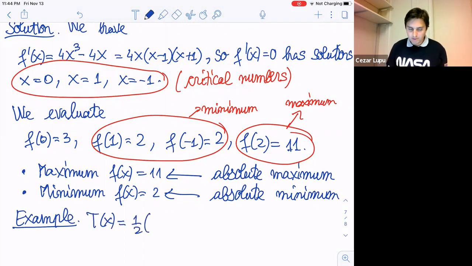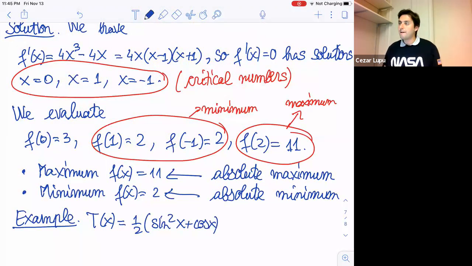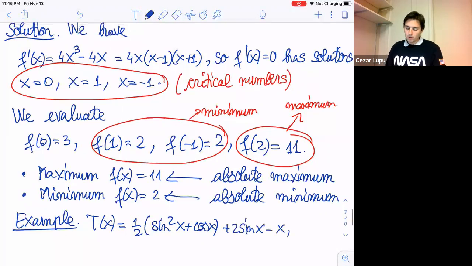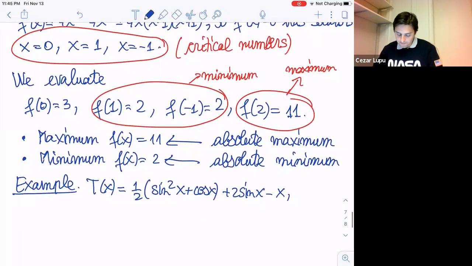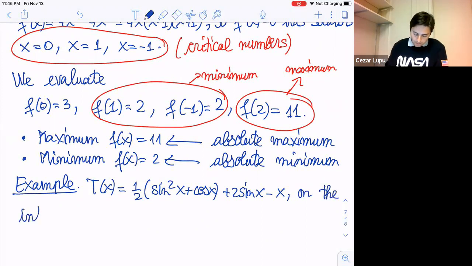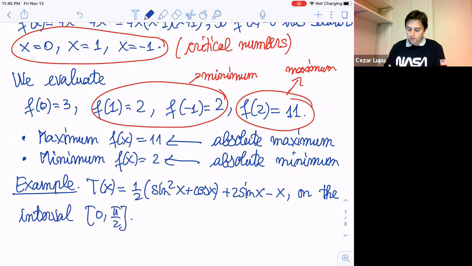Let's say it's 1/2 times sine squared of x plus cosine of x plus 2 sine of x minus x, on the interval 0 to pi over 2. We would like to find critical numbers.